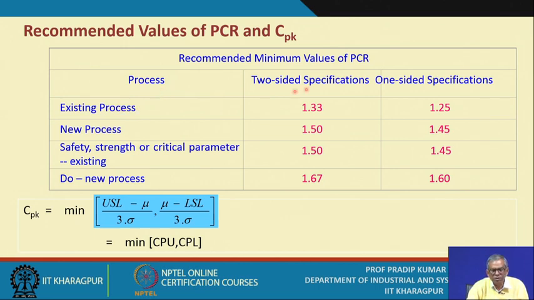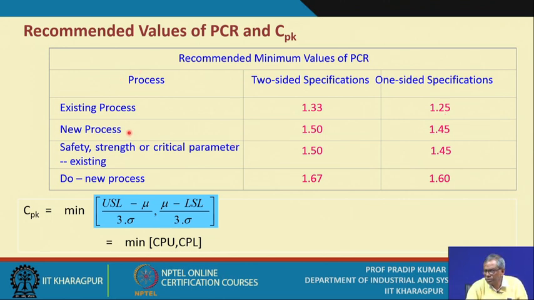Successfully it is being run. So, for an existing process, if you deal with two-sided specifications related to quality characteristics, the recommended value of PCR could be 1.33, it's clear. And if you deal with one-sided specifications, then it could be 1.25. These are based on experience; the researchers, practitioners, investigators have recommended this, is it okay?